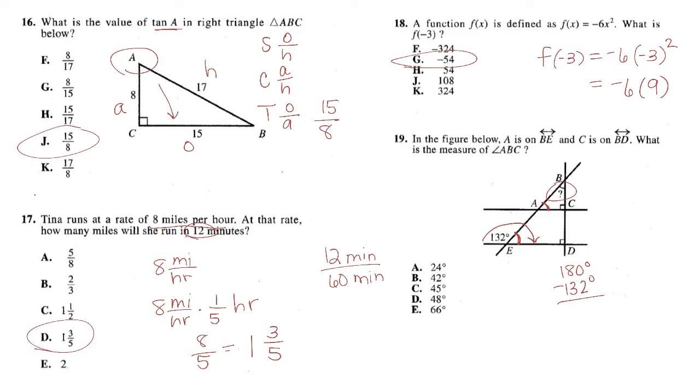And so that's going to give me 48 degrees. So I know this angle here is 48 degrees, and so I know this angle is 48 degrees. So to find that, I'm going to have 90 minus 48, and that's going to leave me with 42 degrees. So that's going to be answer choice B.